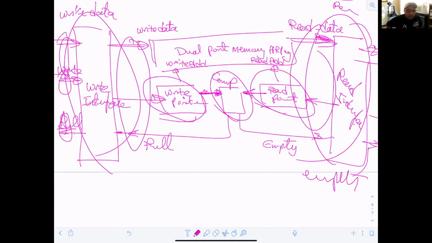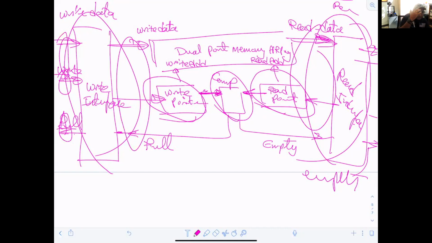Why do we need the compare block? I will tell you why. Because every time you pull, you have to decrement the push, because you already took data out. So you have to compare, right? Think about it, you already have 2 pointers.